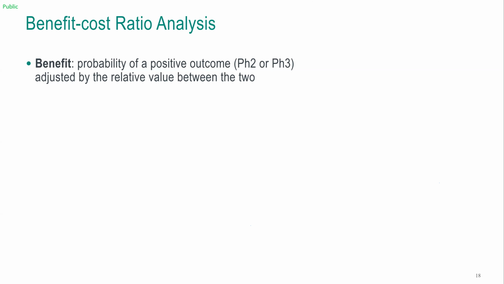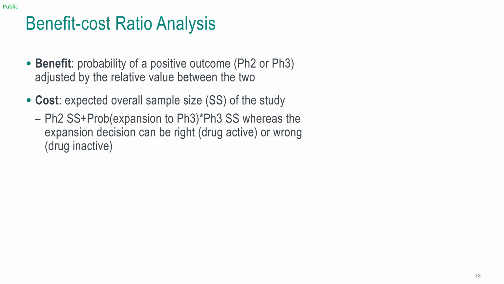And in terms of cost, there is a sunk cost of phase 2, but then there is a probability-adjusted cost of additional investment. This probability is determined by the adaptation threshold, and mathematically, it's simply the type 1 error times the probability of the drug being inactive plus the power of the study times the probability of the drug being active.